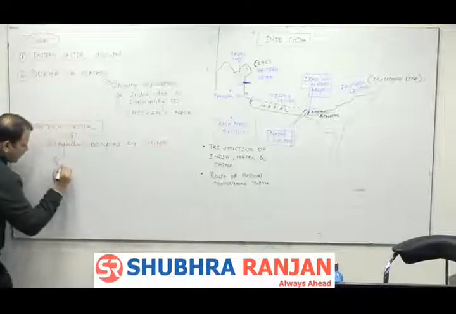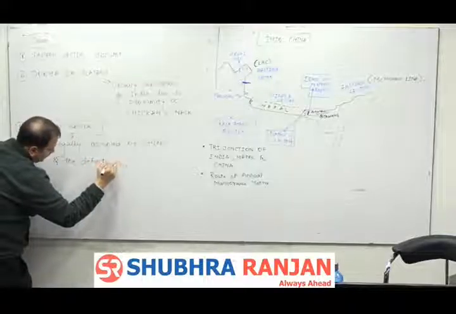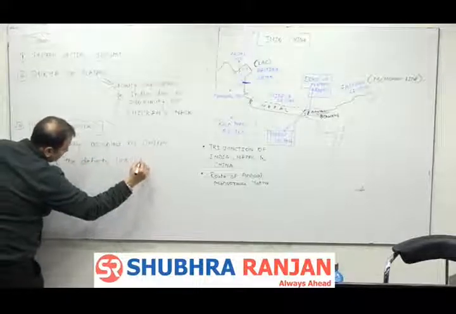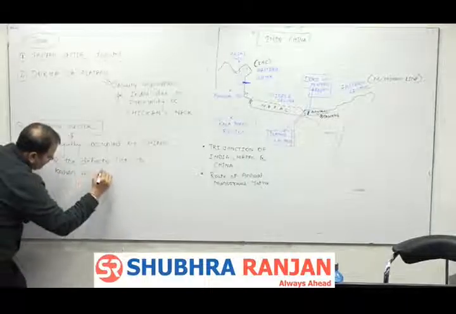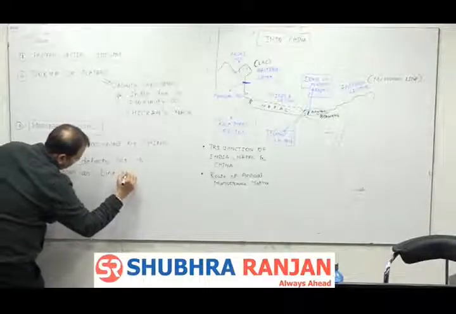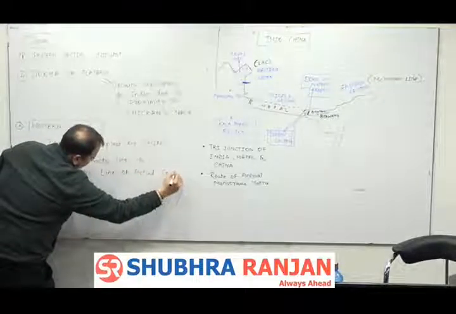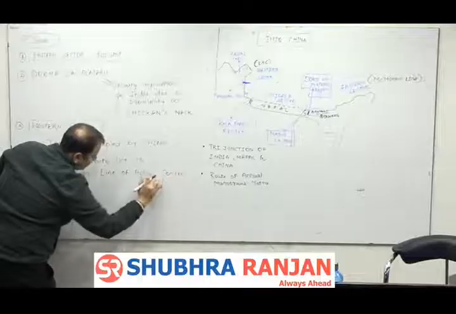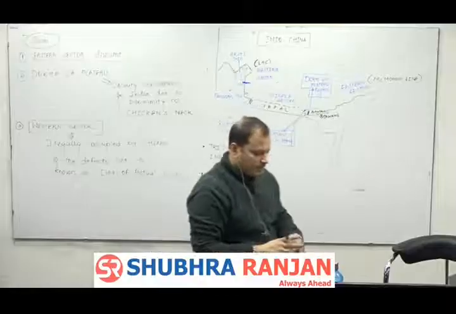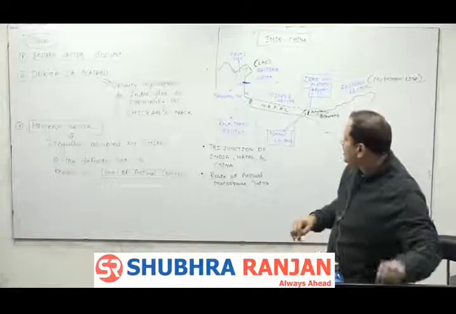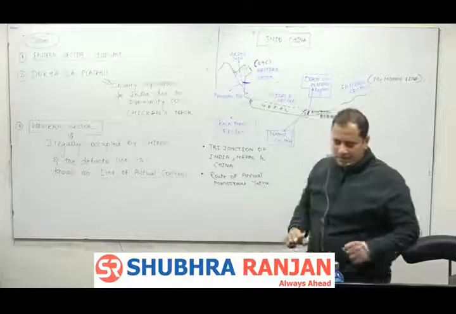And the de facto line is known as the Line of Actual Control. It is not the boundary, it is a de facto line that is present between India and China. So this is the Line of Actual Control, somewhere here. Fine with this?